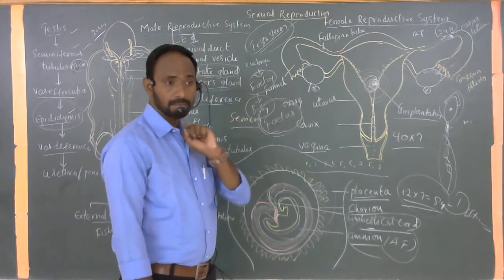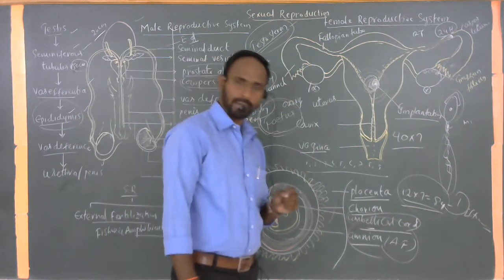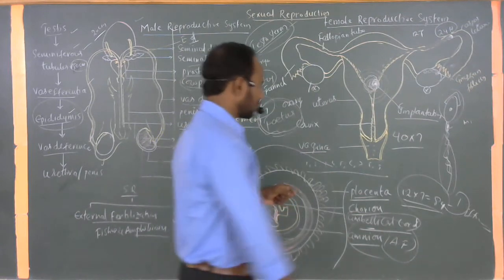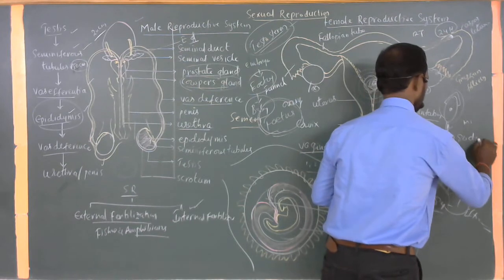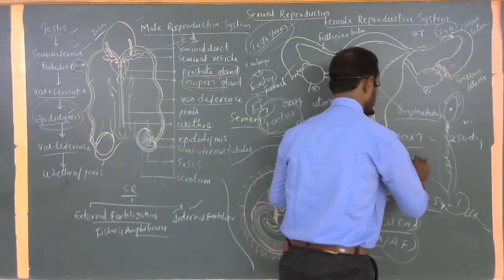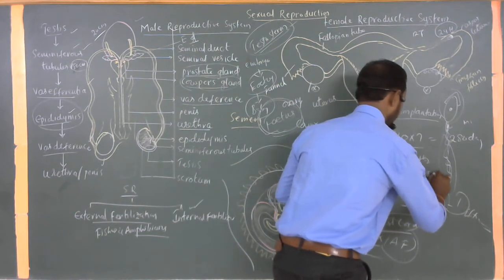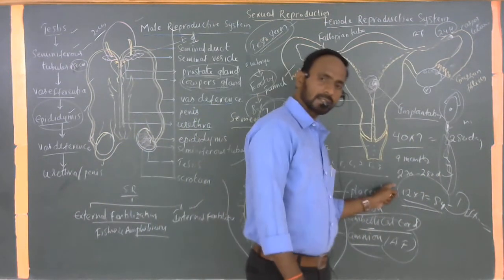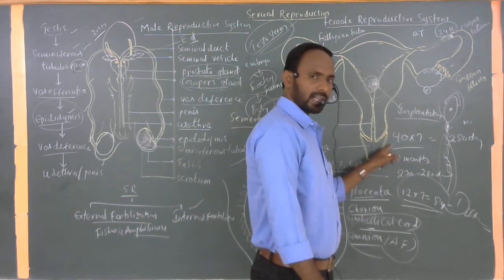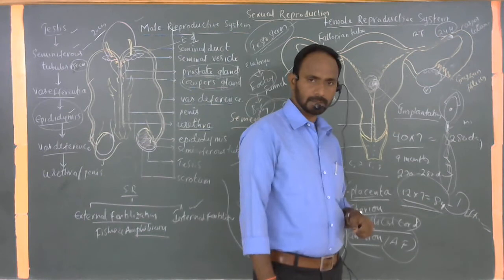For egg-laying animals, it is called the incubation period. So gestation: 40 into 7 equals 280 days, or 9 months, or 270 to 280 days. The gestation period of a human being is 40 weeks, or 9 months, or 270 to 280 days.